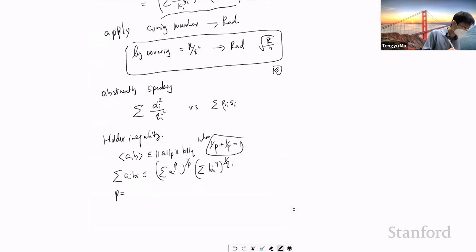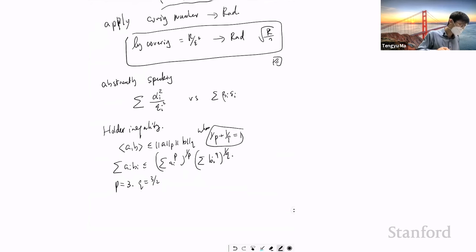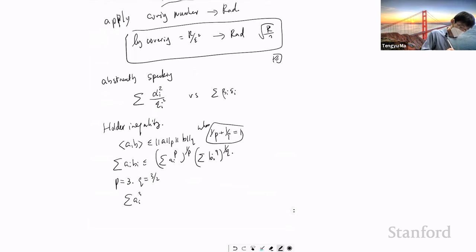We need P is 3, where Q is 3 over 2. Then you get sum of AI cube to the one third times sum of BI to the 3/2, to the 2/3, is larger than sum of AI BI. So in some sense, all of these inequalities have this kind of form.